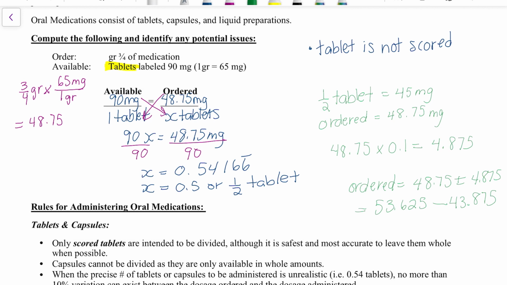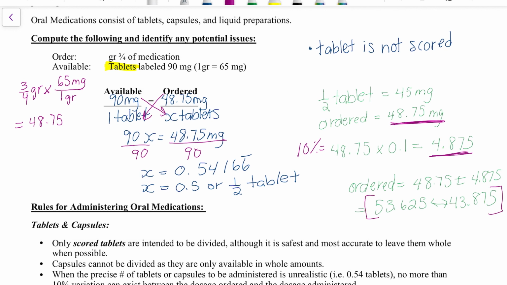So this 10% variation rule means I'm going to take what was ordered, which in this case was 48.75, and I'm going to find 10% by multiplying by 0.1, and I get 4.875. And then I'm going to add it and subtract it to figure out the safe range.